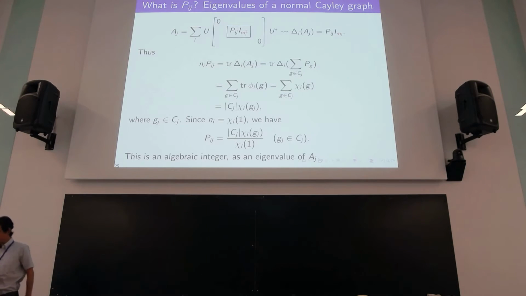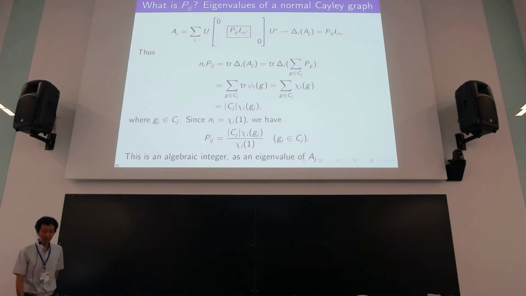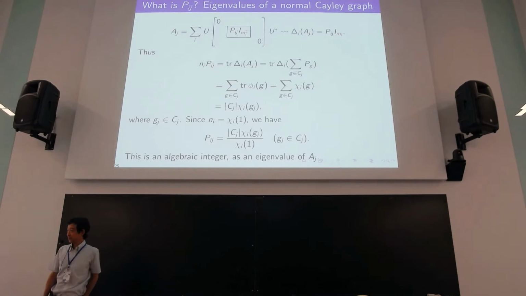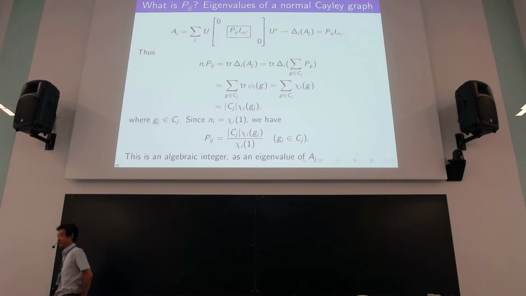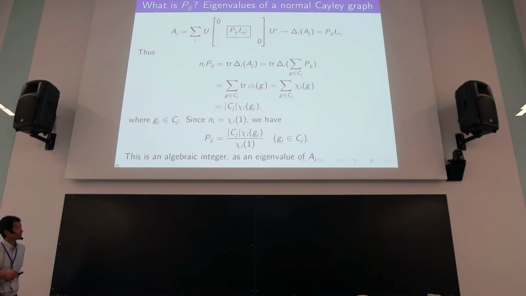Algebraic integer means it is a root of a monic polynomial with integer coefficients. For example, a proper fraction like 1/2 is not an algebraic integer, but the square root of 2 is an algebraic integer. Now, the reason why it is an algebraic integer is that it is an eigenvalue of the adjacency matrix.